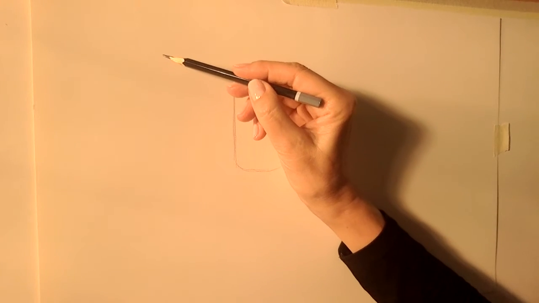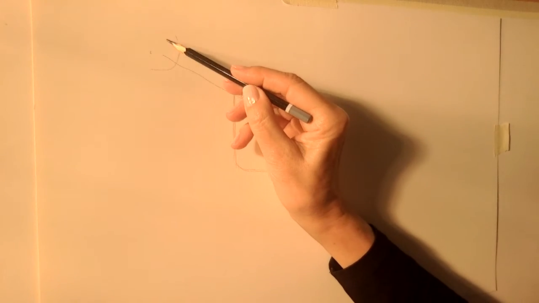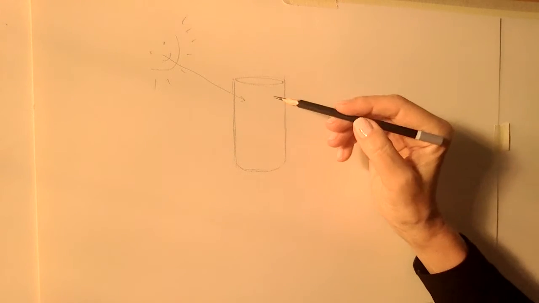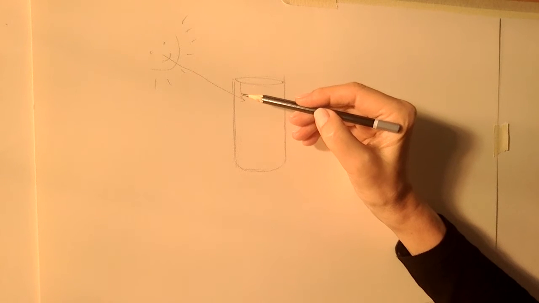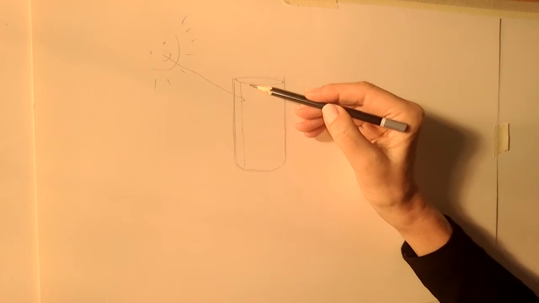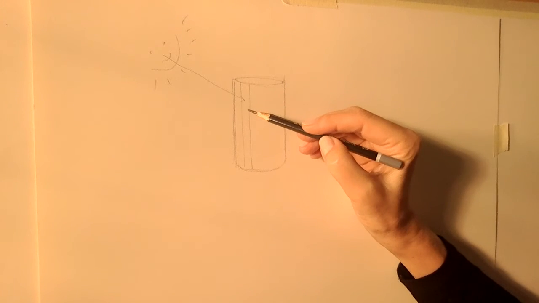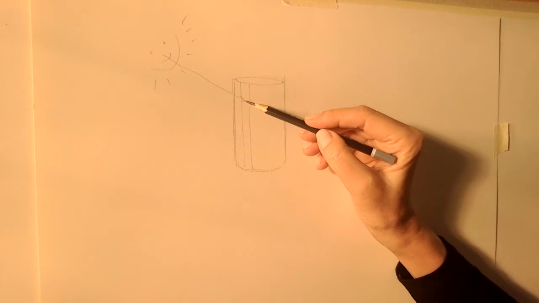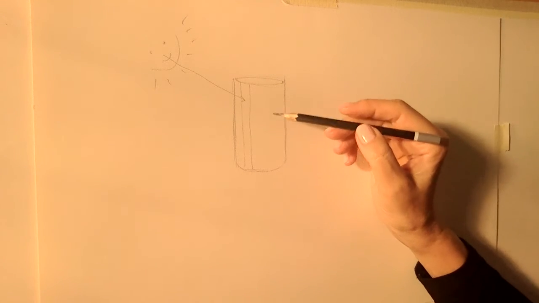And let's imagine that the light source comes from here. And the highest value will be a little bit off the edge, and it will be a highlight, the brightest spot on any object, because this is the shortest distance between the source of light and the object itself.